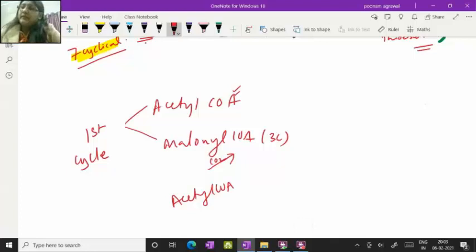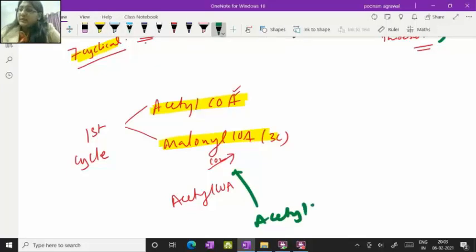So in the first cycle, we need 1 acetyl-CoA and 1 malonyl-CoA. What is the origin of malonyl-CoA? It's acetyl-CoA only, which is carboxylated in the presence of the enzyme acetyl-CoA carboxylase. That enzyme is going to carboxylate it and produce your malonyl-CoA.